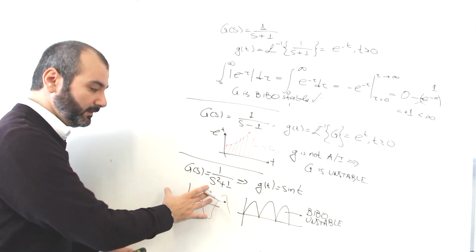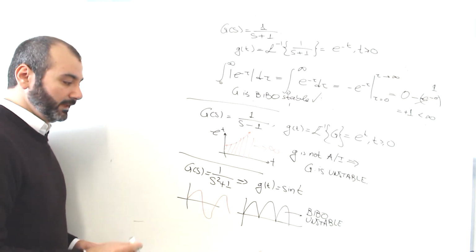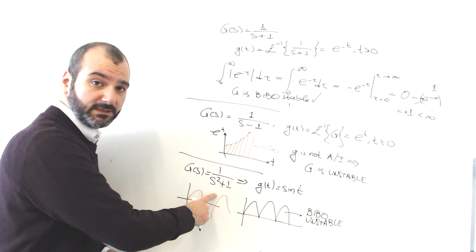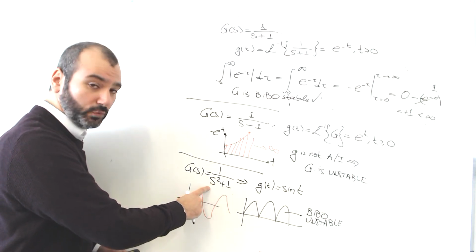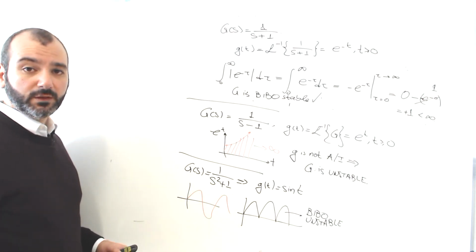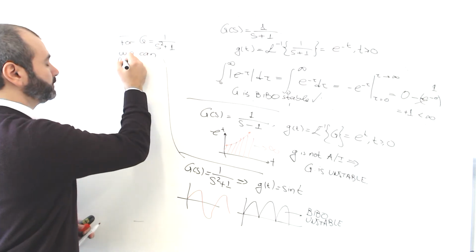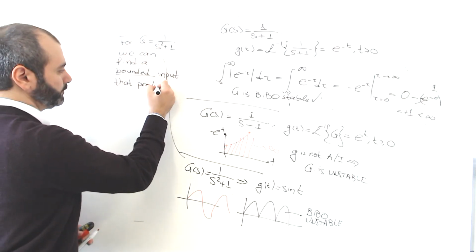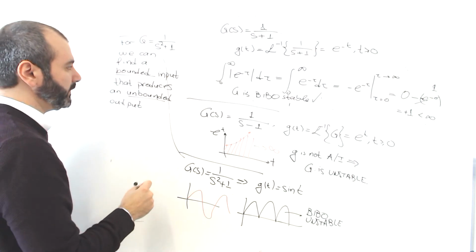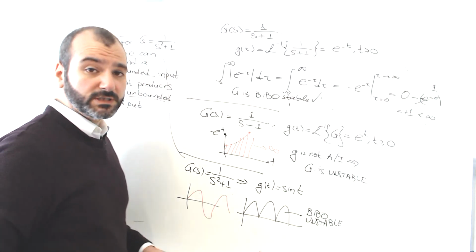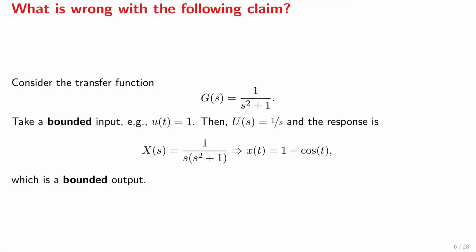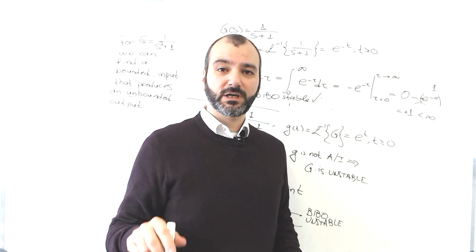What does it mean that this system is BIBO unstable? It means that we can find a certain bounded input, u, that produces an unbounded output. In fact, we tried that previously, and we applied a certain bounded input that produced a bounded output. But there are certain inputs that are bounded and produce unbounded outputs.